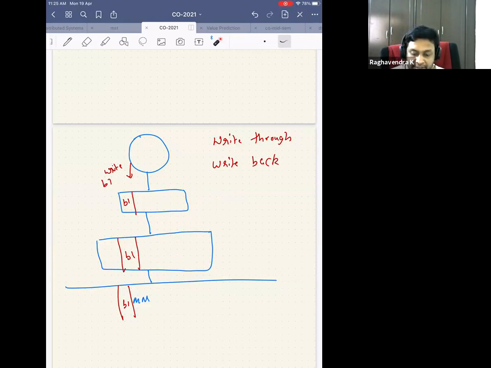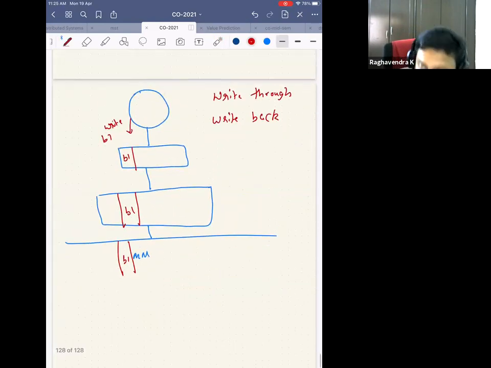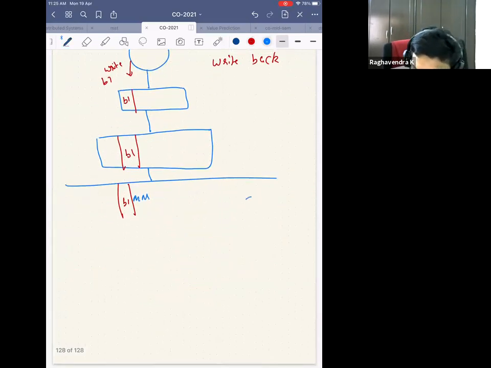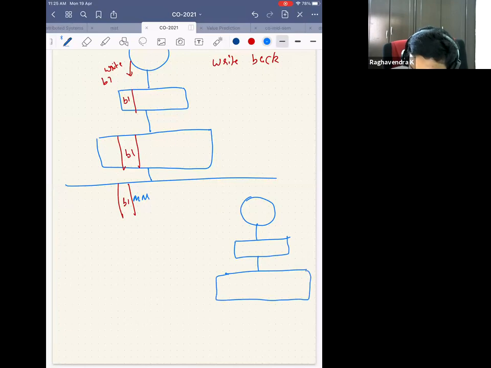Similarly, this is when the CPU generates a write. We also have to ask what happens if the block is not there in the cache. Let's assume this scenario. I have L1 cache, I have L2 cache, I have main memory. CPU generates a block address B1. It is not there here, it is not there here.